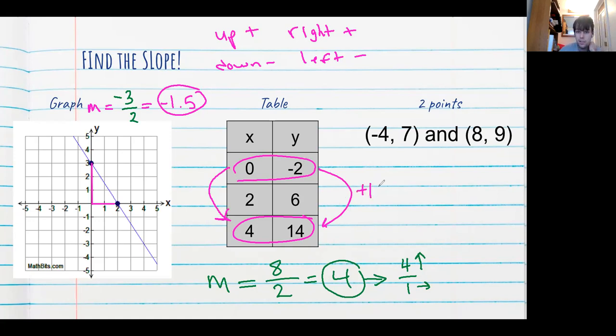That is an increase of 16 units. And then we're going from 0 to 4. That's an increase of 4 units. So when I write this as a slope, change in y over change in x, 16 over 4, what does that also equal? Also equals 4. So between any 2 points, they don't have to be consecutive points in a table or even consecutive points on a line. Our reduced slope should be the same.